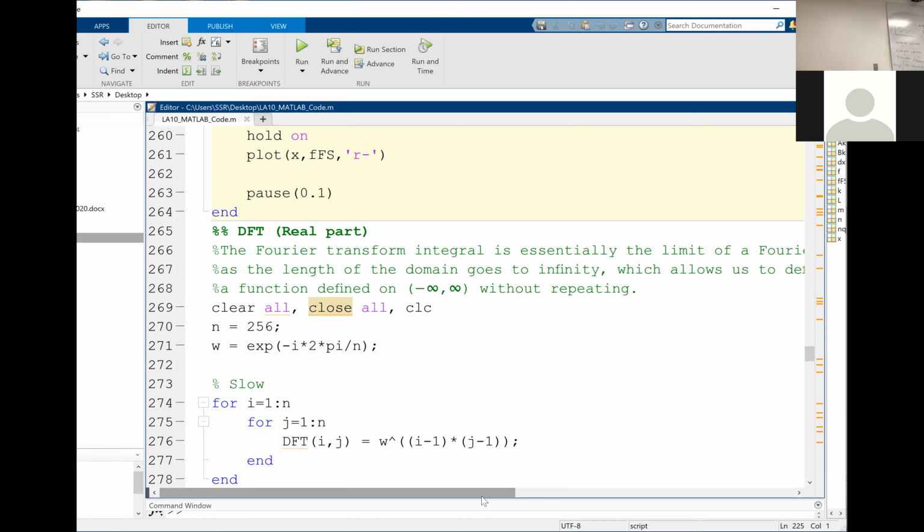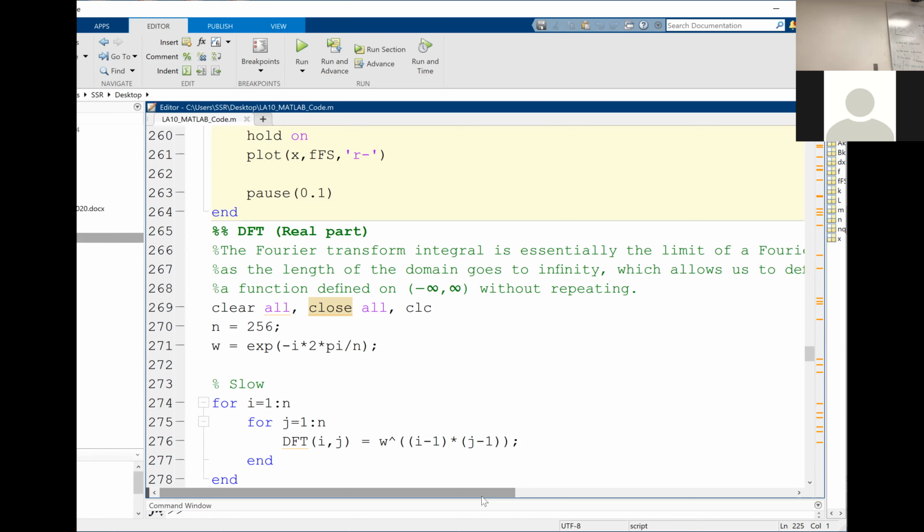So what we do is we use something called the discrete Fourier transform, DFT. DFT is the discrete version of the Fourier transform, and Fourier transform is nothing but the limit of the Fourier series when your domain is extended from minus infinity to plus infinity. Everyone understood this? That is the only thing that you need to remember. Now, the discrete Fourier transform on its own is a very complicated matter.